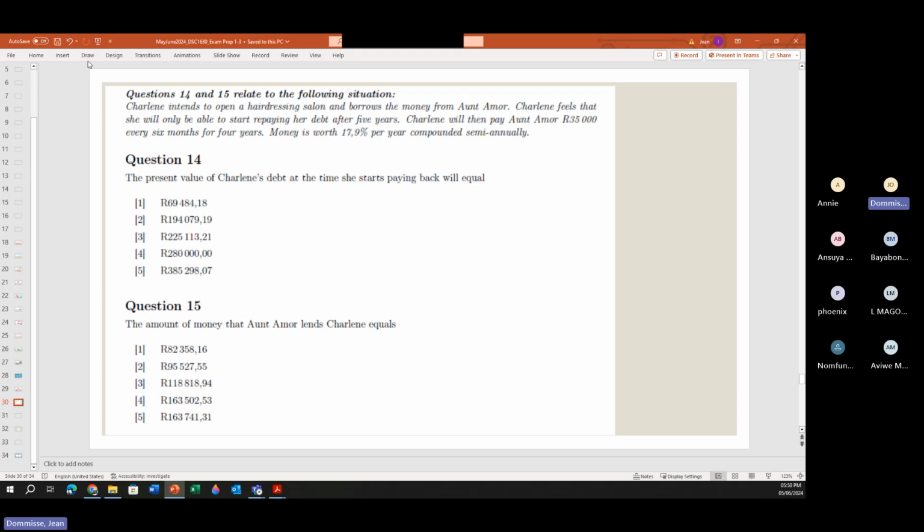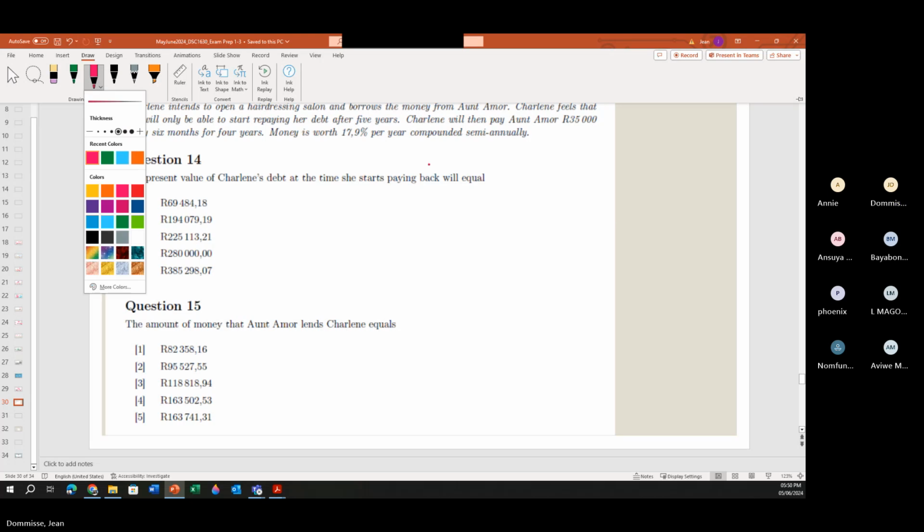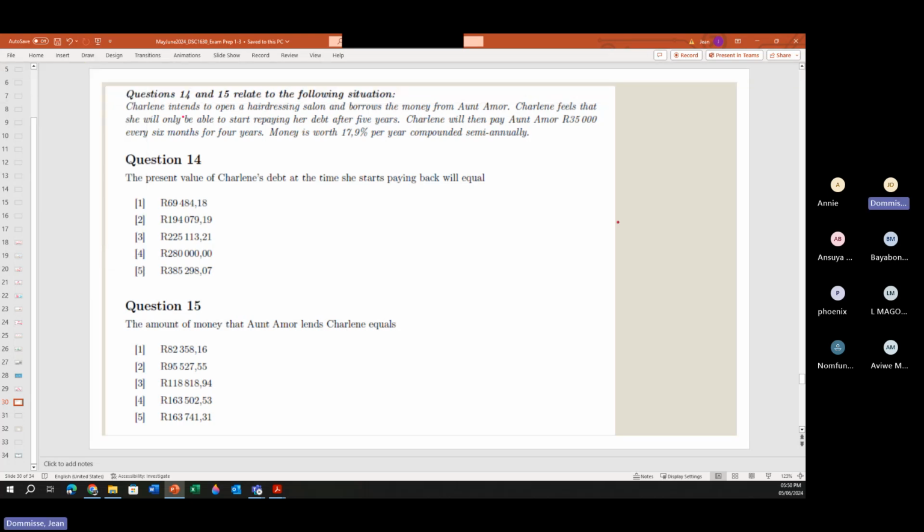Okay, so let's look at this question. Here they say Charlene intends to open a hairdressing salon, and borrows the money from Aunt Amor. Charlene feels that she will only be able to start repaying her debt after 5 years. So she only thinks that she will be able to repay it after 5 years.